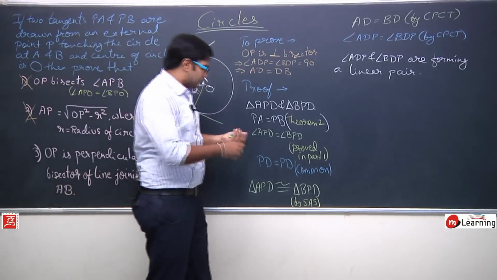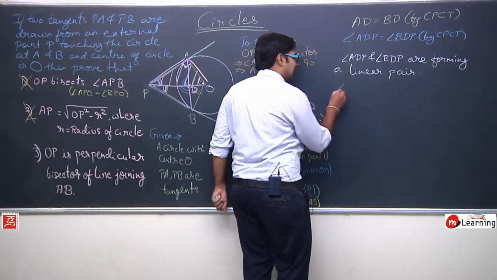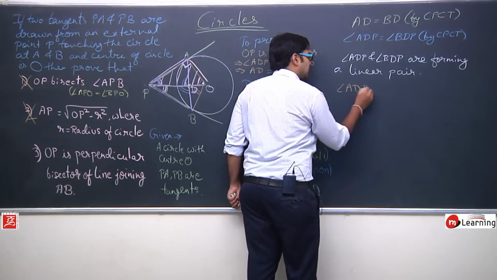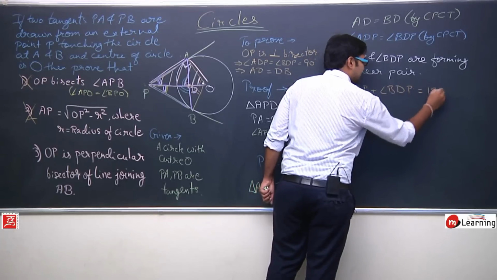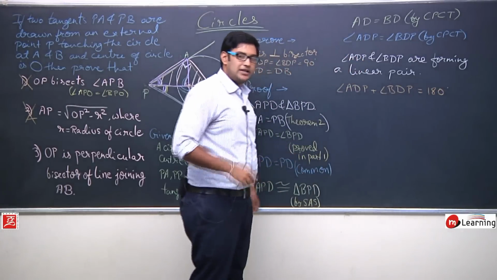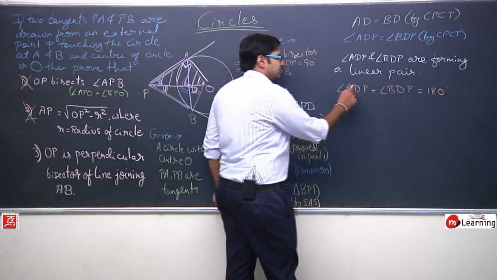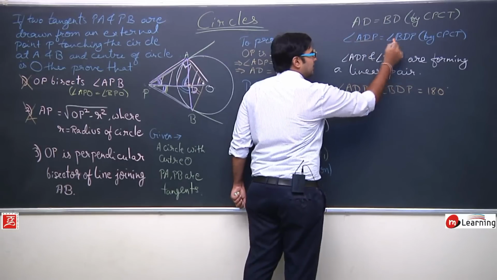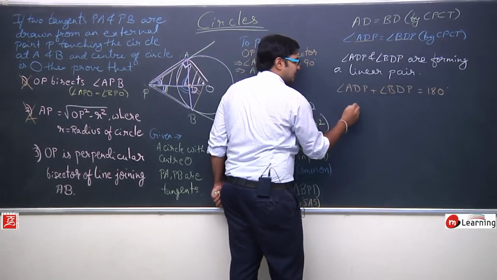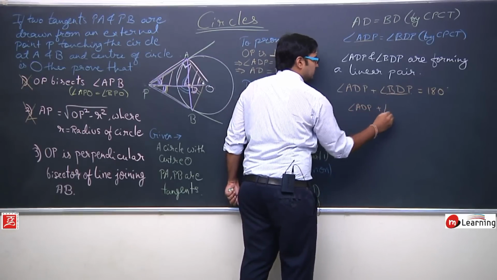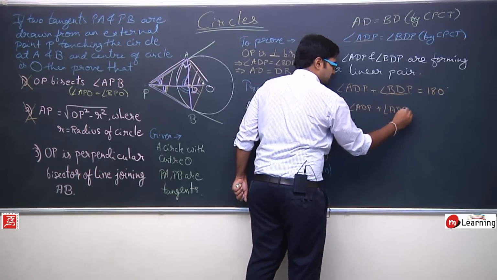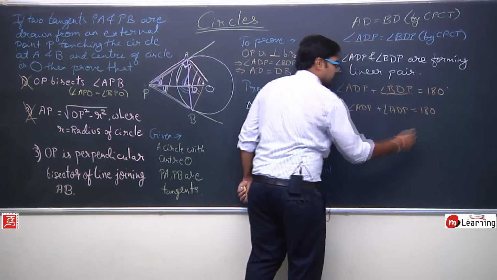So if these two angles are forming a linear pair, I can write angle ADP plus angle BDP is equals to 180 degree because it is forming a linear pair. So since both the angles are equal, ADP and BDP are equal, in place of angle BDP also I can write angle ADP, so angle ADP plus angle ADP is equals to 180 degree.